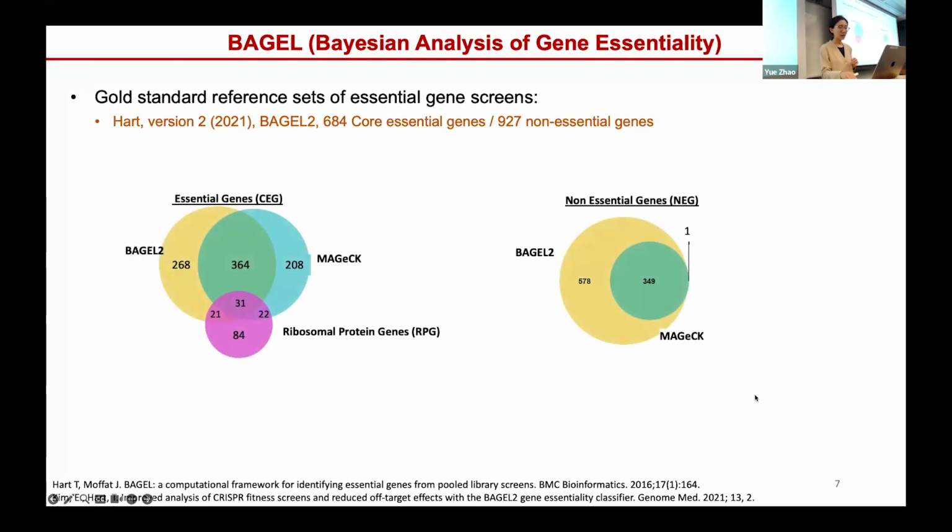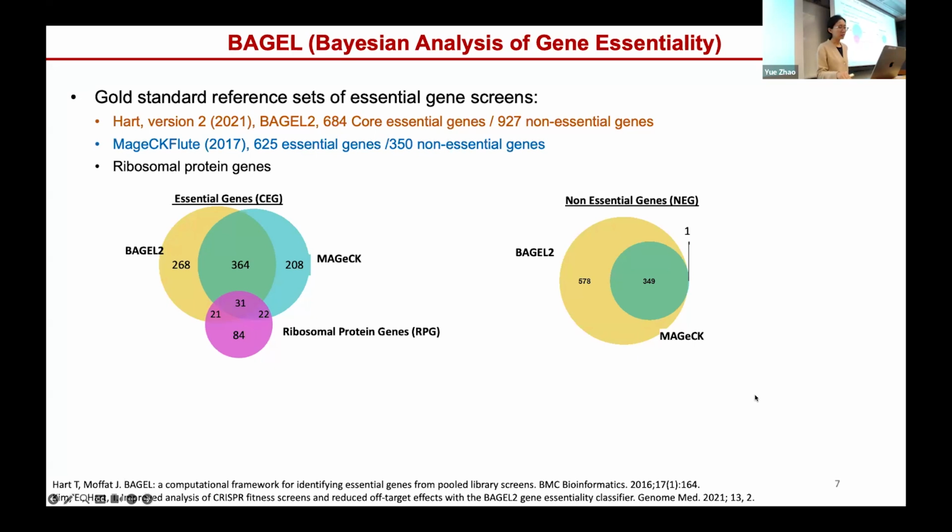The second essential gene list was developed by the MAGeCK Flute paper in 2017. It contains more than 600 essential genes and 350 non-essential genes. Those are identified based on CRISPR screens performed in 66 cancer cell lines.